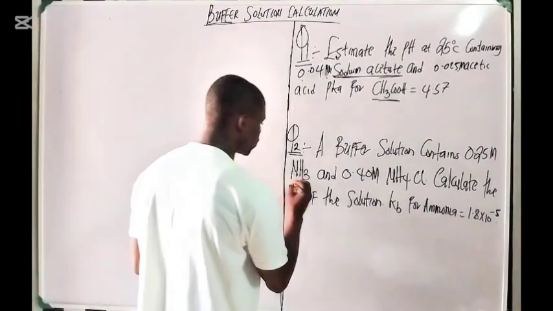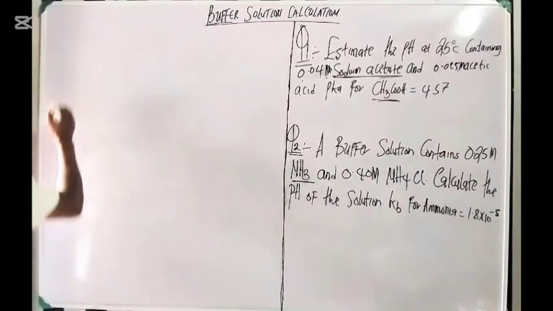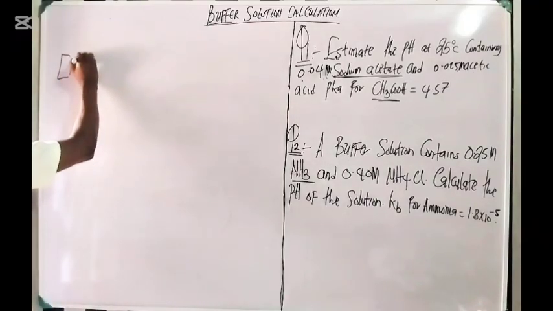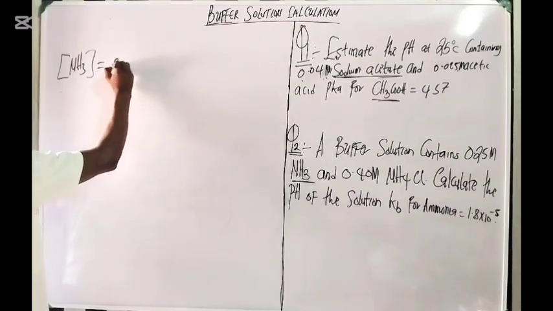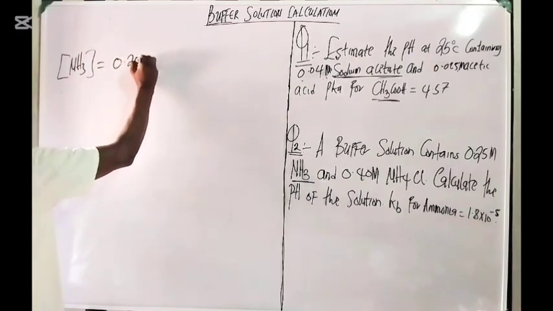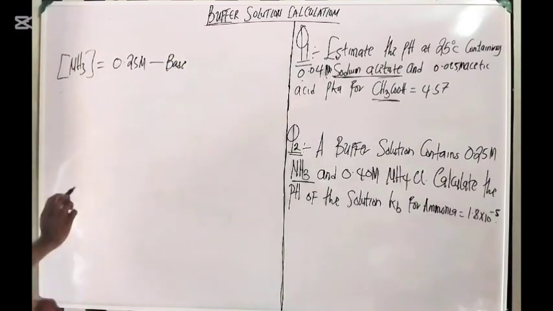When we talk about ammonia here, this is the base. NH3, which is the base, is 0.25 molarity. Very important.